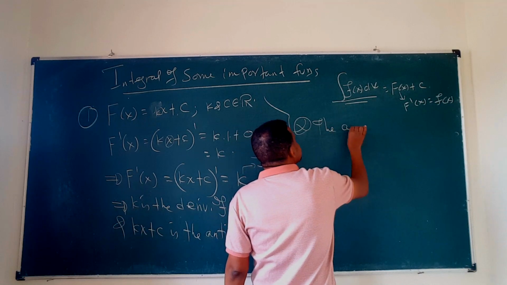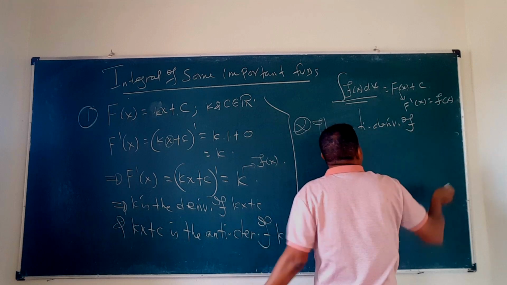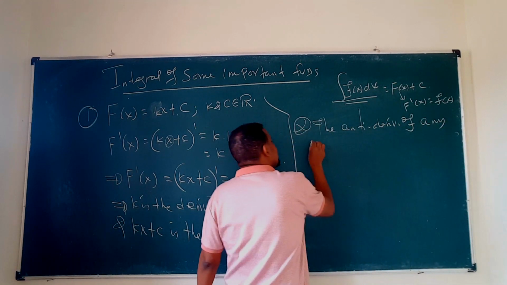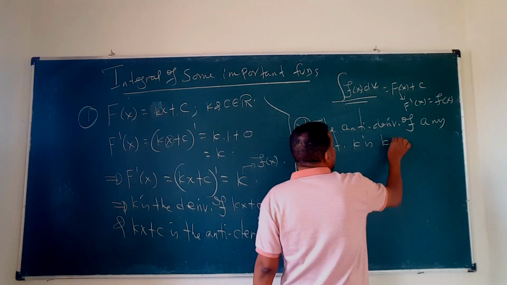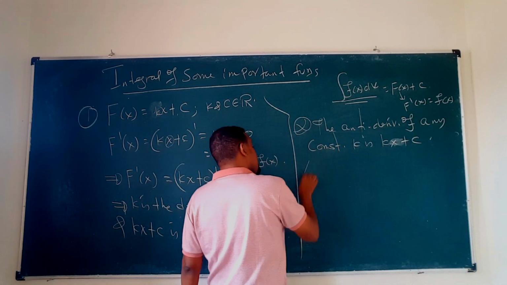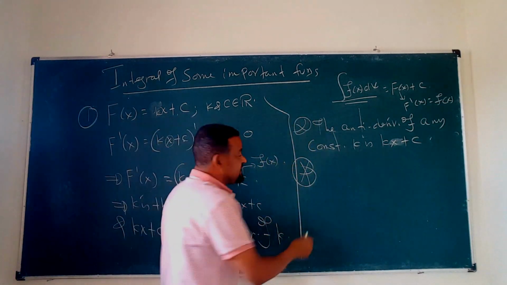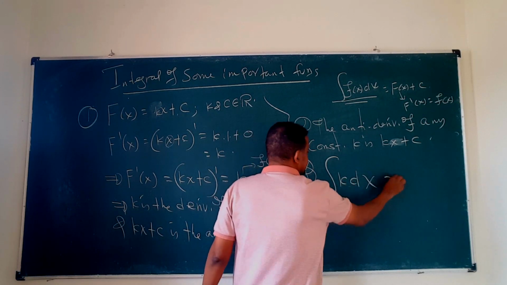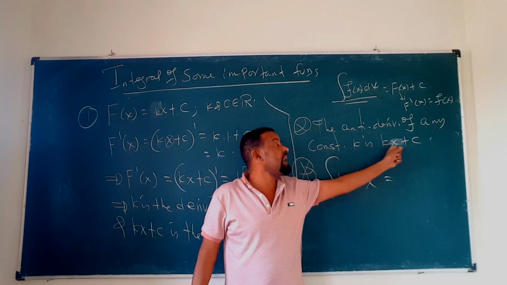The antiderivative of any constant k is given by kx plus c. Therefore, the conclusion: the indefinite integral of any constant k dx, the antiderivative of any constant k, is kx plus c.